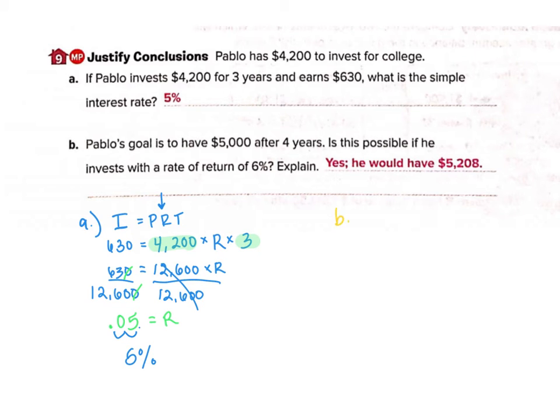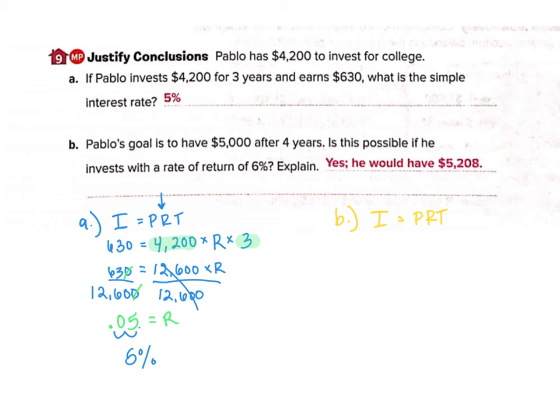So then for B, the question is, Pablo's goal is to have $5,000 after 4 years. Is this possible if he invests at a rate of return of 6%? Explain. So basically, all I'm going to do to solve this problem is use my equation I equals PRT to determine how much he'll have after 4 years at 6% return.